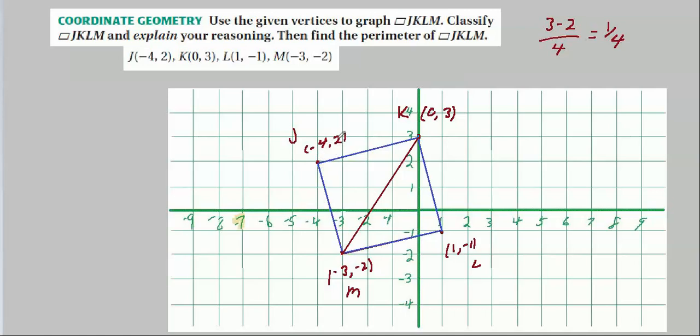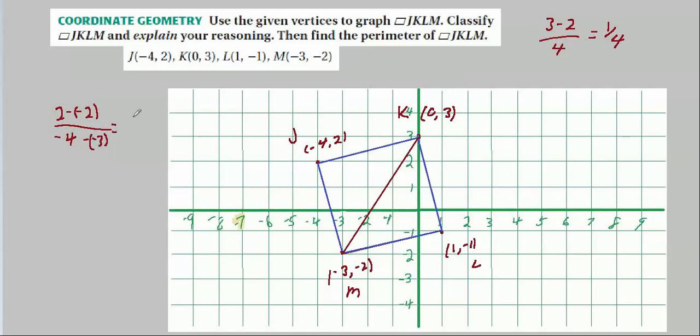We've got 2 minus negative 2. And what's x? We have minus 4 minus negative 3. Well, this is 2 plus 2.